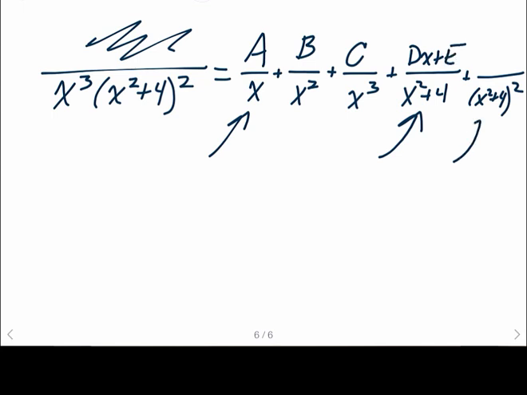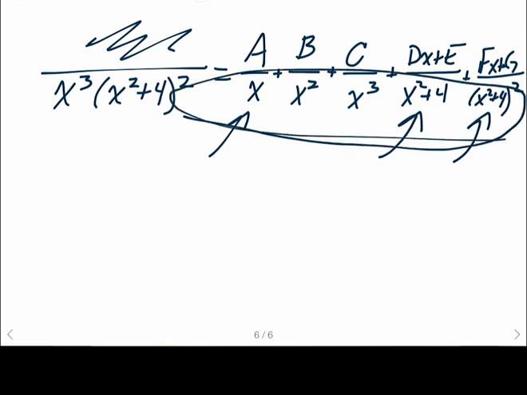And then for the second one, where it was the quadratic squared, we'd have fx plus g. Now this really is getting out of hand. At 7 variables, we'd have to have 7 equations to solve the system, but what I want to highlight is if we have a mix of stuff and factors are repeated, you handle them the same way you have in what you've seen in this video, which is now over.